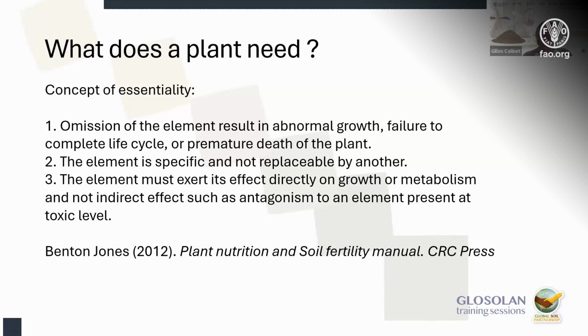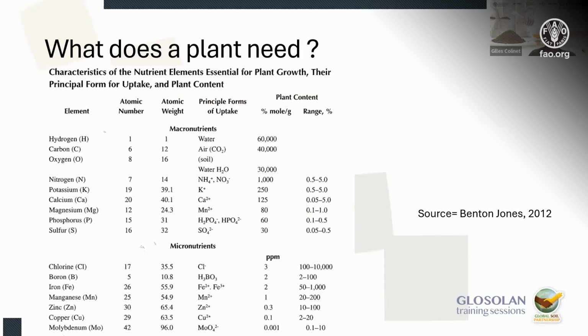Also, the element is specific and cannot be replaced by another. And the element must exert its effect directly on growth or metabolism, and not indirect effects such as antagonism to an element present at toxic level. So these are the three characteristics that make an element essential for the plant.